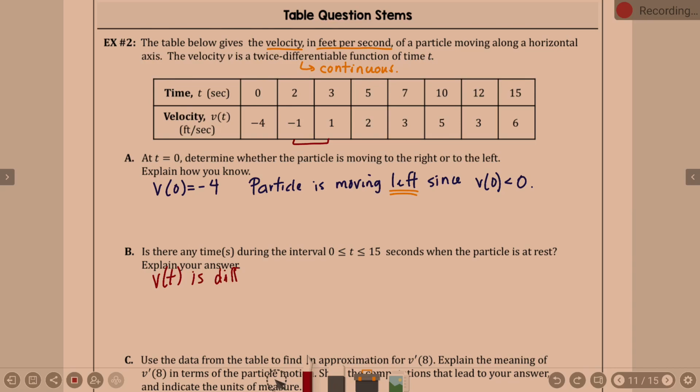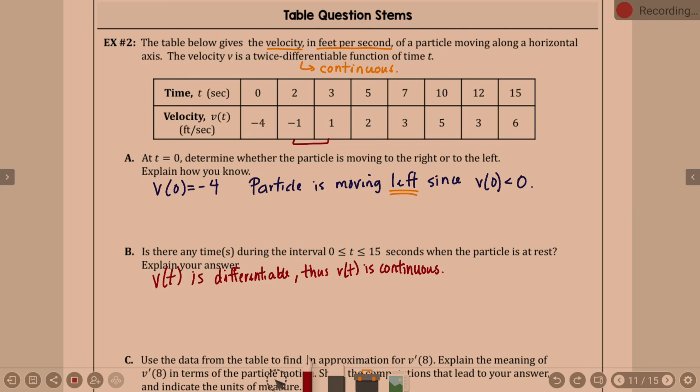So, I do have on mine stated that v of t is differentiable. And then I said, thus, v of t is continuous. Okay, that's a good fact to point out. Sometimes you'd be required to, not always, but that is a good fact to point out.